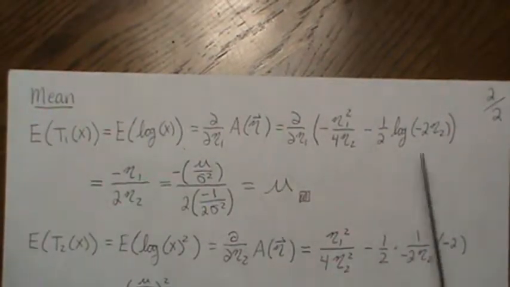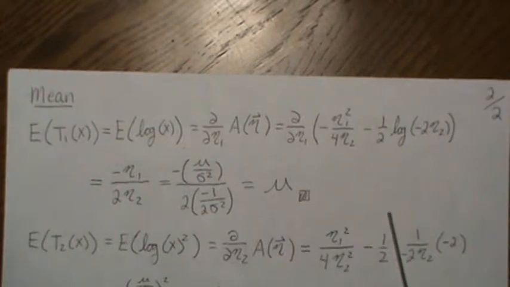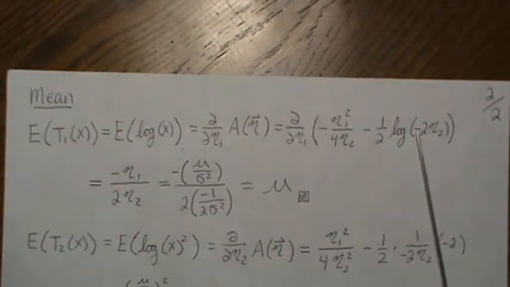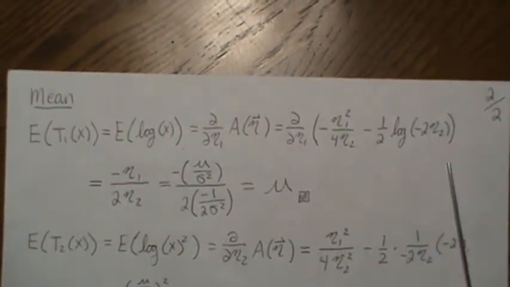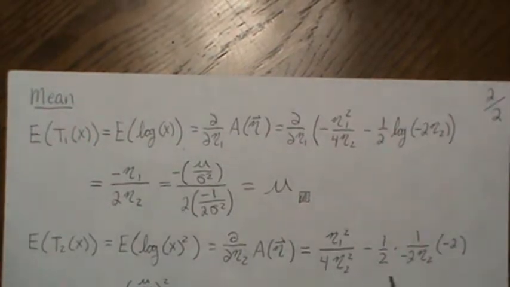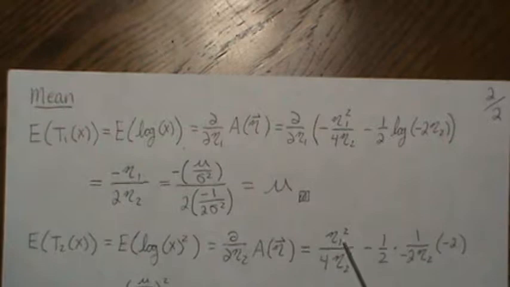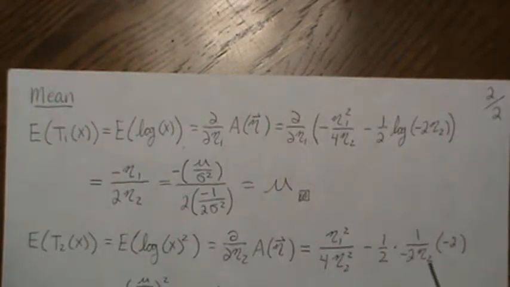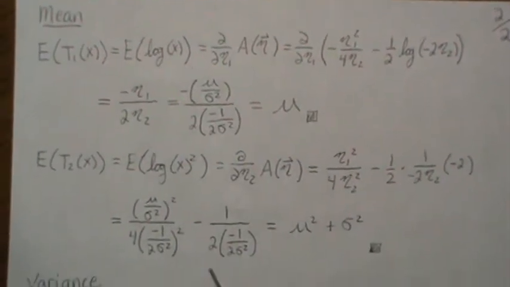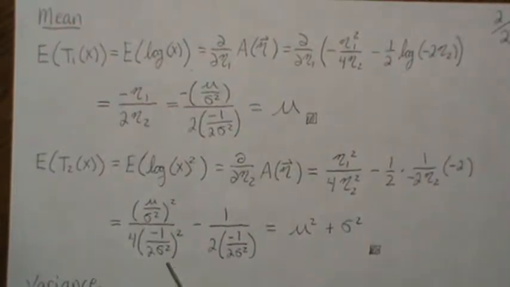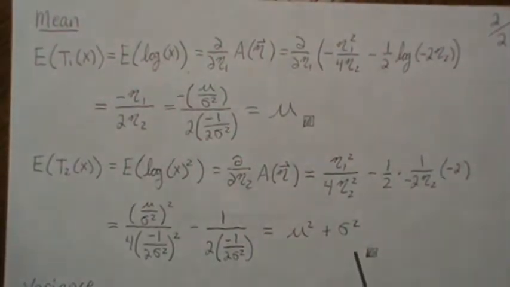That piece is this, and then the minus 1/2, and then the derivative of that log is 1 over, and then the derivative of the component we get minus 2. So this is it. Now we simplify it by plugging in what we know about eta 1 and eta 2, and we get this. And then when you simplify that, you get mu squared plus sigma squared.